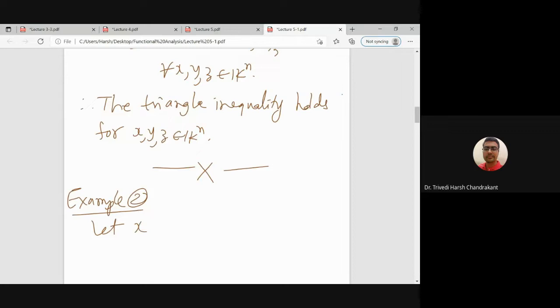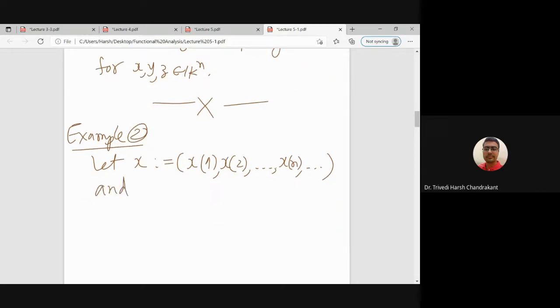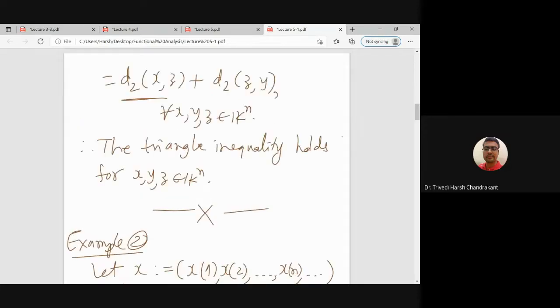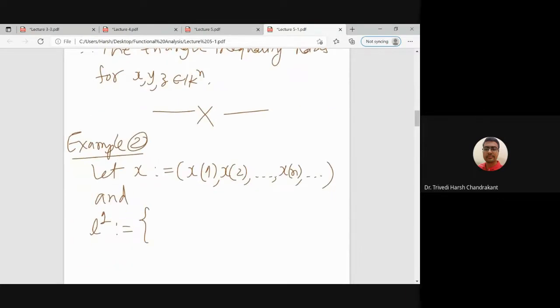So let x be a sequence, basically x1, x2, xn, and the first set which we will denote by L1. So we define three metrics, 1, 2 and infinity.